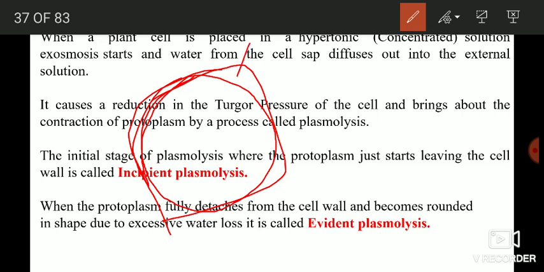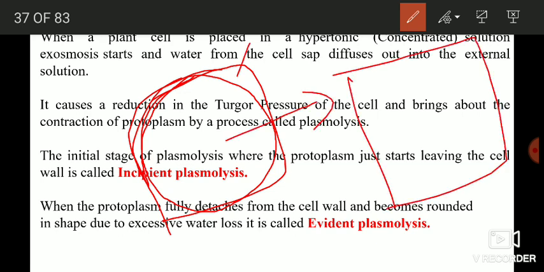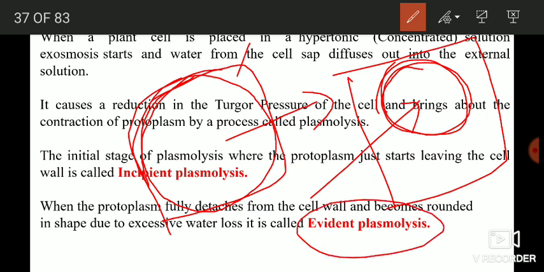Now due to further loss of water, it will reach this stage when the protoplasm becomes detached from the cell wall and becomes rounded in shape, it shrinks. This is called evident plasmolysis.